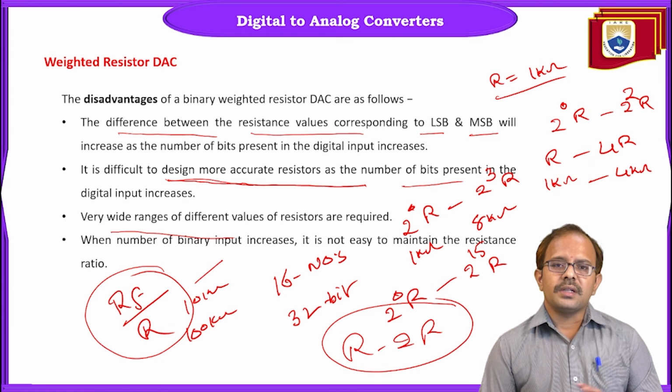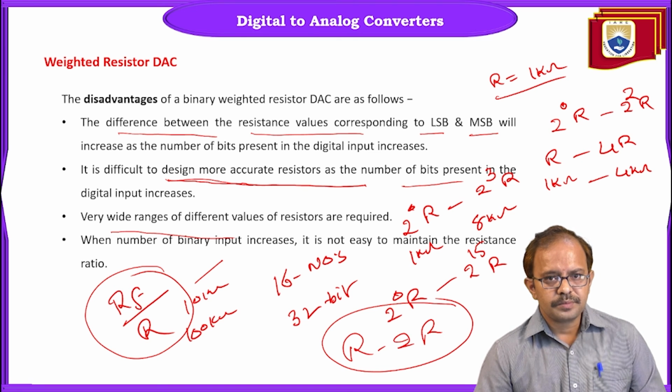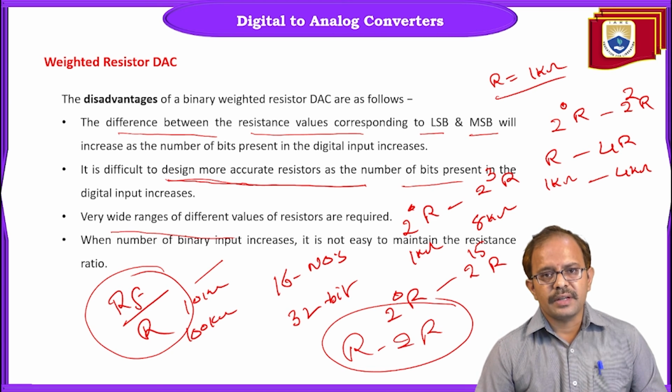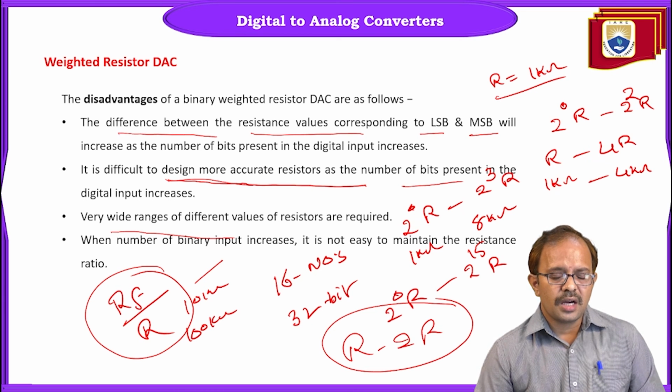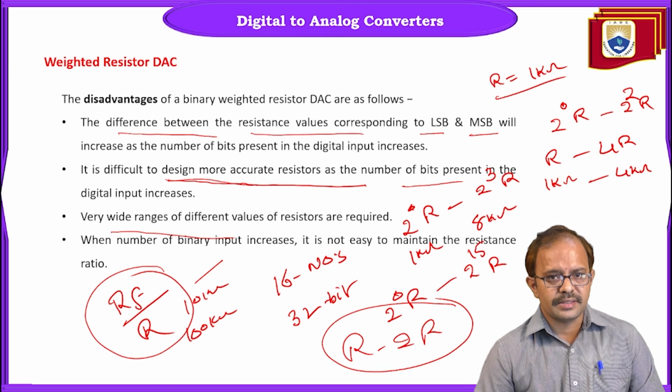It is all about the resistors. The resistor values considered here are not consistent, and moreover we need a wide range of resistors, and the values are going to increase as the number of bits increases.